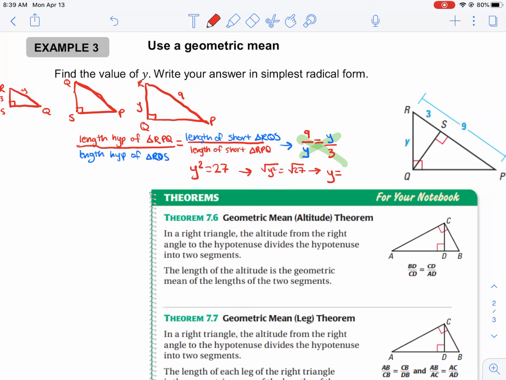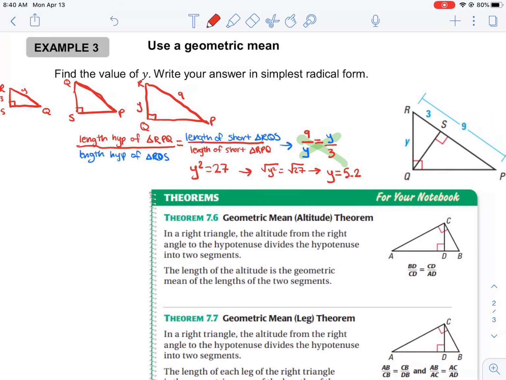So the square root of 27 is, 1 second, it's 5.2. The book has you simplify the square roots, so there's still a square, but it's fine. Just use your calculator and get a decimal. Alright, so that's the geometric mean there.